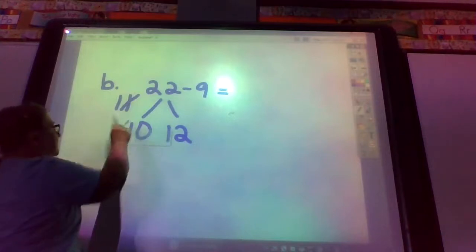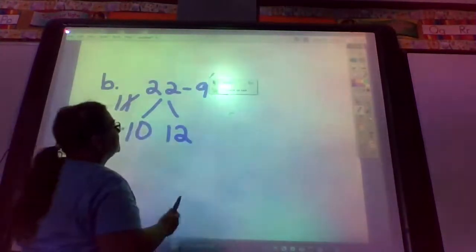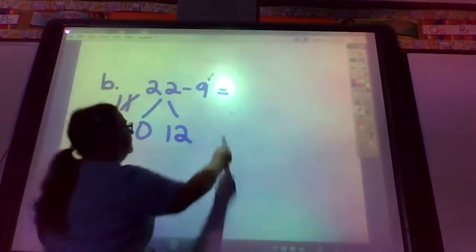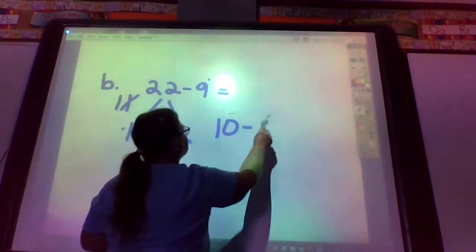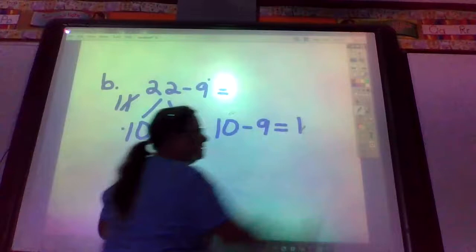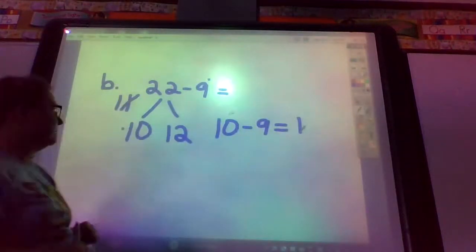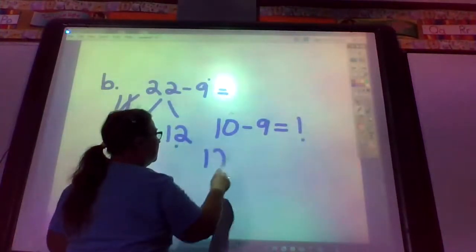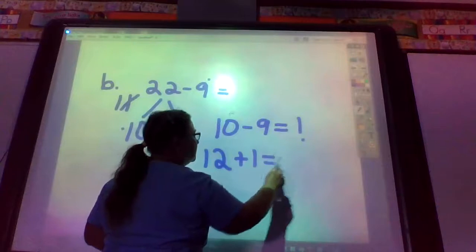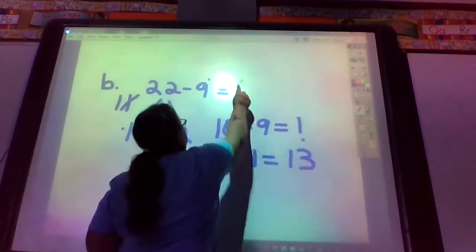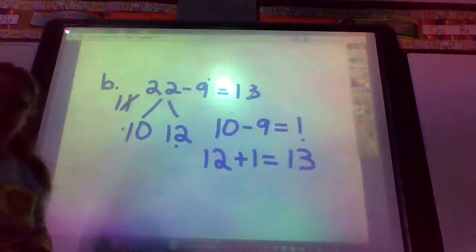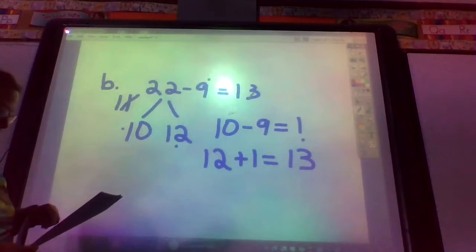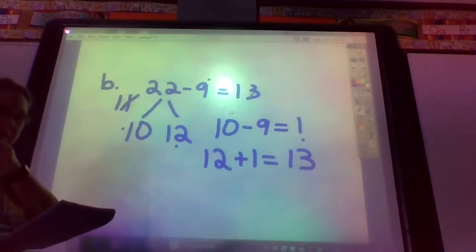I can use my 10 and my 9. 10 minus 9 equals 1. I just need 1. Now I can use my 12 and my 1 to add. 12 plus 1 equals 13. So my answer is 13. Okay? It's not that hard.